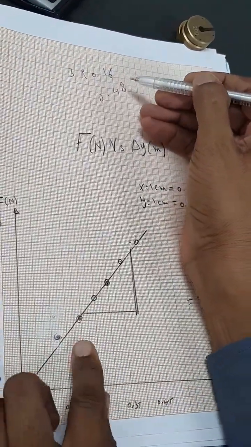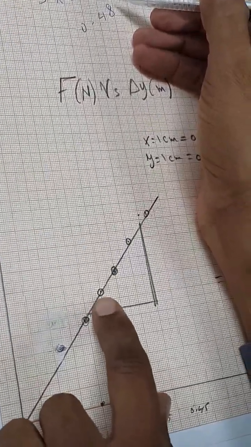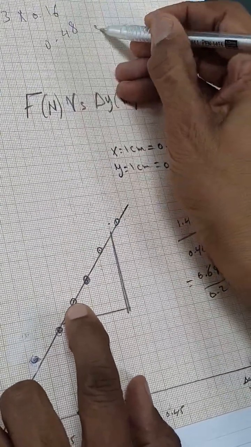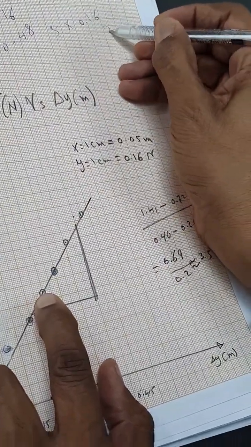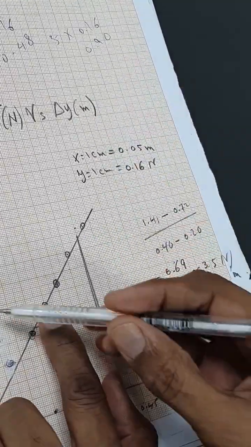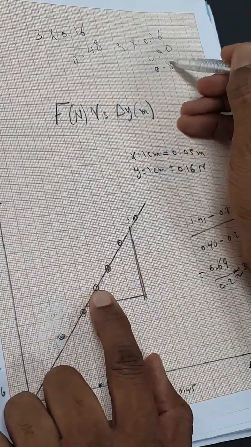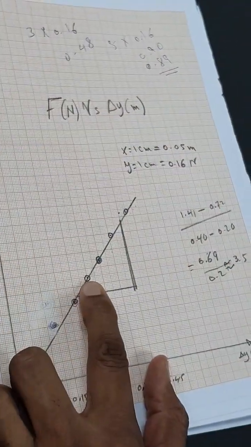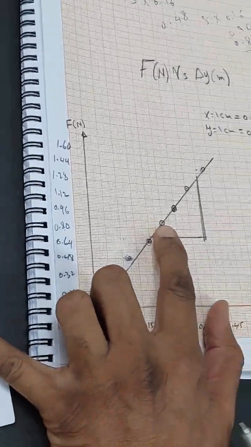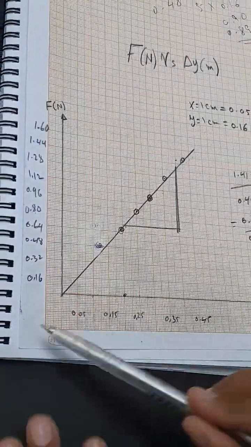No, not that. Here, 1, 2, 3, 4, 5: 5 multiplied by 0.16 becomes 0.8. When we add it to 0.09, it becomes 0.89, so it is near to 0.88. Okay, so this is the third point.